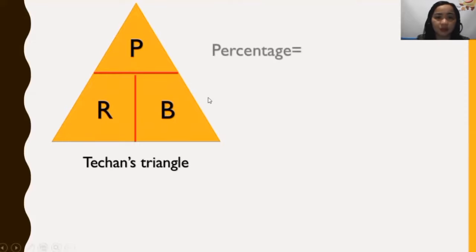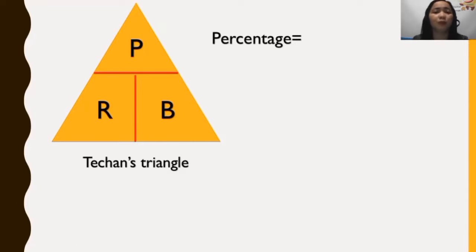Now, if we are looking for percentage, the P, what remains is R and B, which is the rate and base. If you notice, they are beside each other. So this will become rate times base.